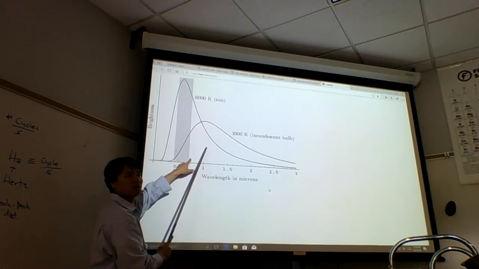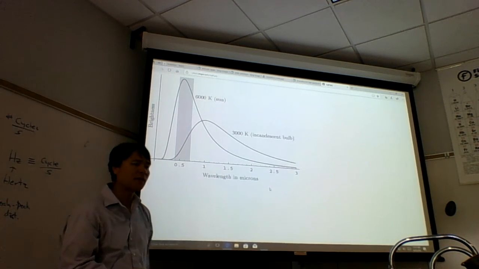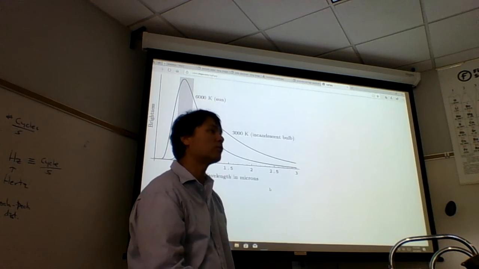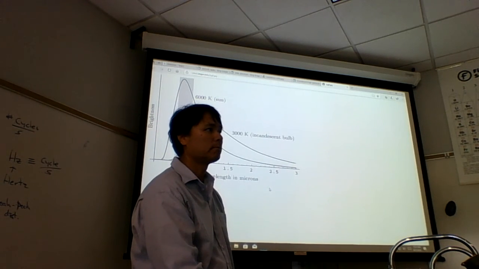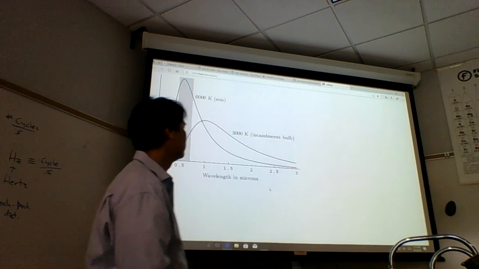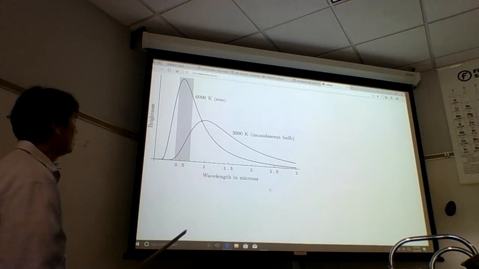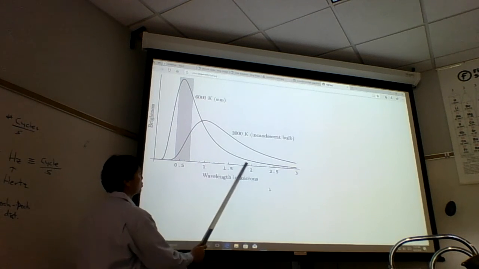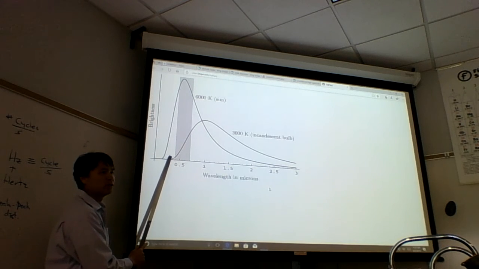The most intense part of the light bulb emission is going to be, most of the energy in powering that light bulb is being used to generate what type of light? Well, if you recall, the shorter the wavelength, the higher the energy.